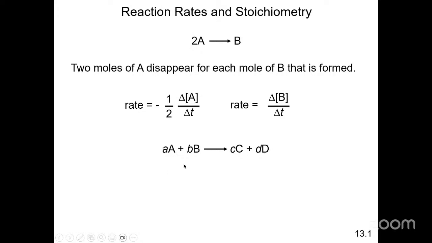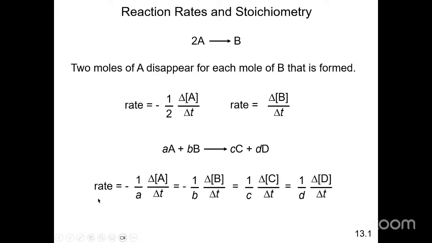So to give another hypothetical example, let's say we have this reaction here, where the lowercase letters represent the coefficients, and the uppercase letters represent the substances involved. Then the relationship between these in terms of the rate of the reaction can be given as this, right? Basically, let's start off from here. The rate is equal to minus 1 over lowercase a times the change in concentration of A with time.